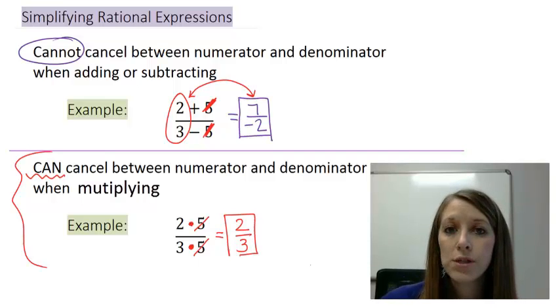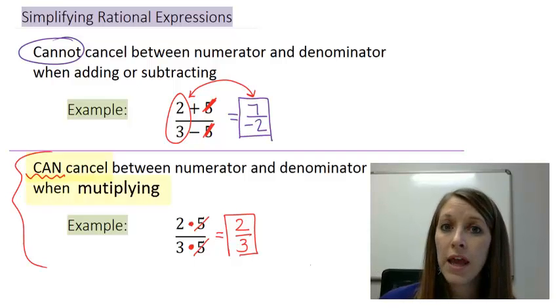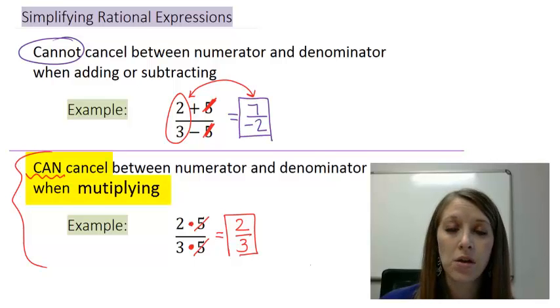Now I could also multiply these, but that's just going to make my problem more complicated. So when you're simplifying fractions or rational expressions, what you want to do is cancel, but you can only cancel when you are multiplying, not adding, subtracting, dividing, or any other operation.